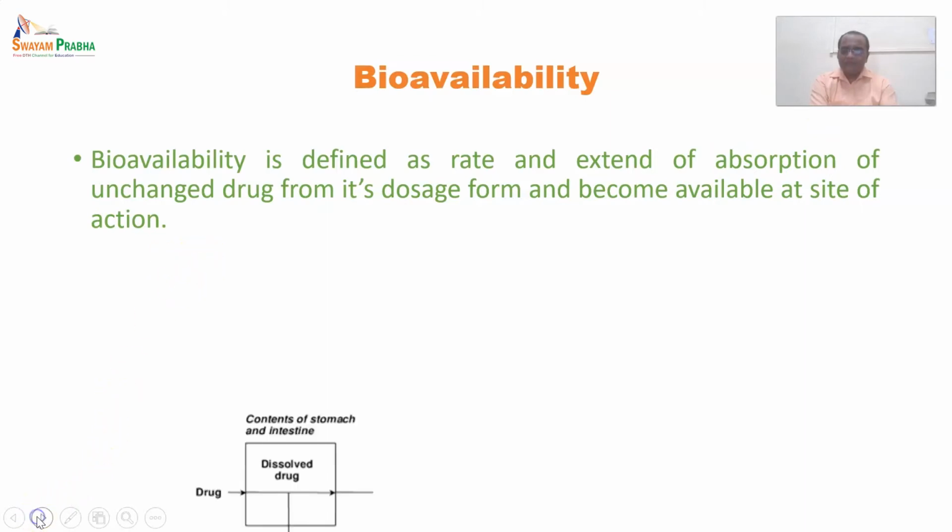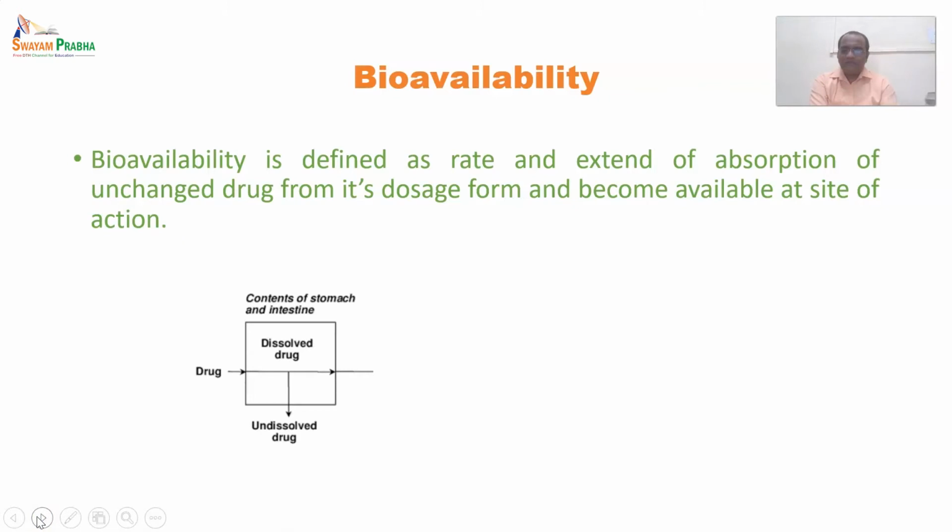We will understand this with the help of a diagram. Here it is the drug, and once the drug has been absorbed, it gets dissolved, and some part of the drug remains undissolved, and all this happens in the contents of the stomach and intestine.